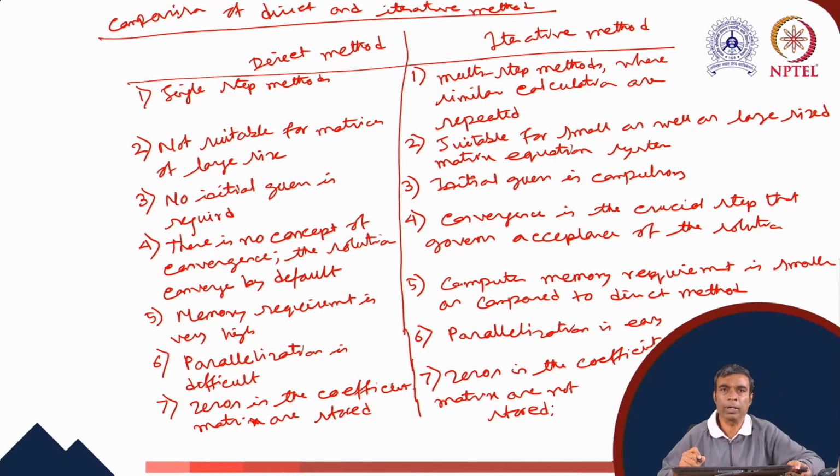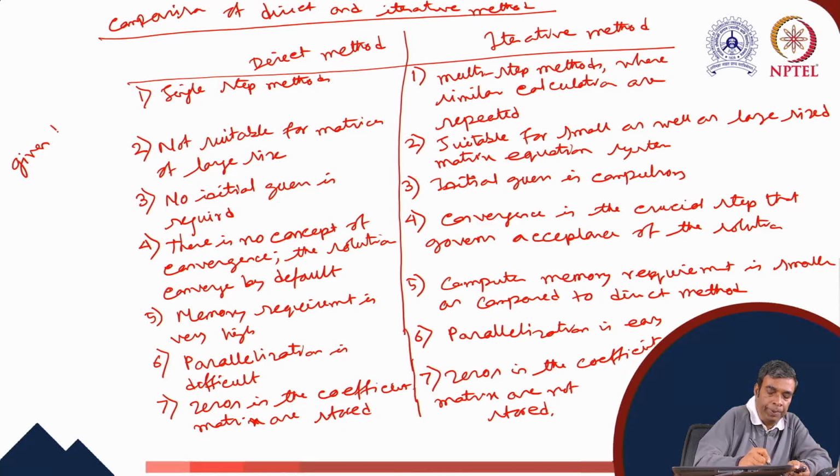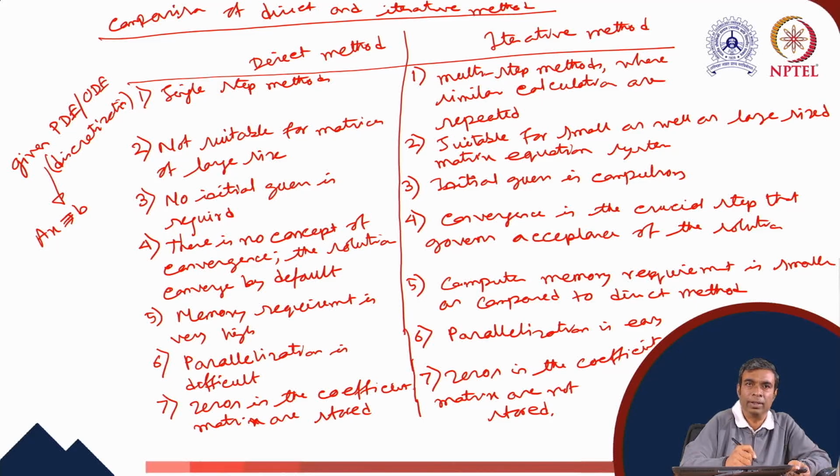Now, when we talk about the solvers in a CFD sense or FEM sense, we talk about the discretization technique. So given PDE or ODE, it gives us AX equals to B. This process is known as discretization. This discretization process is known as the solver.